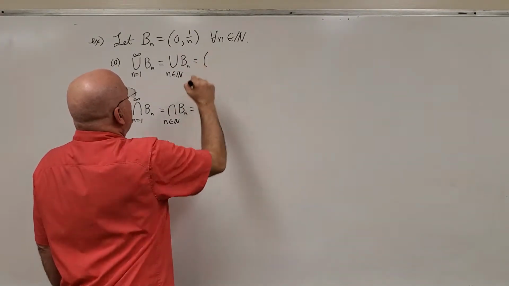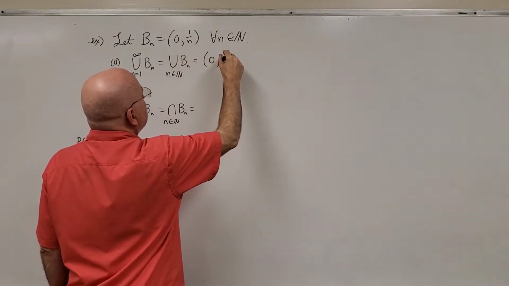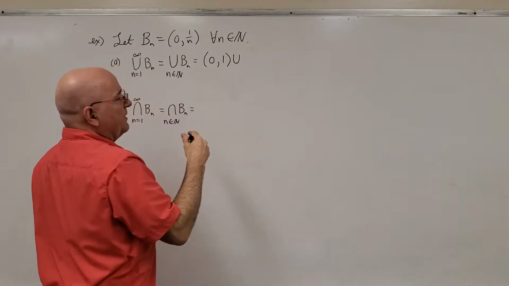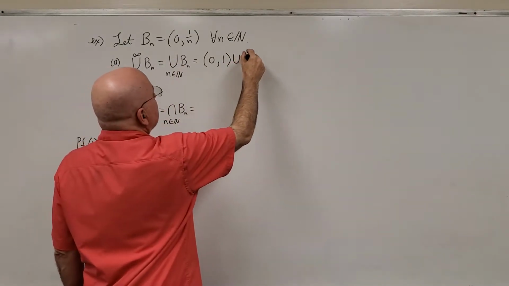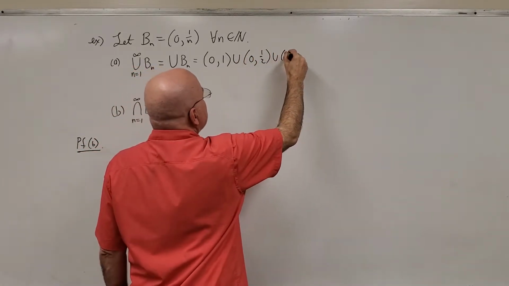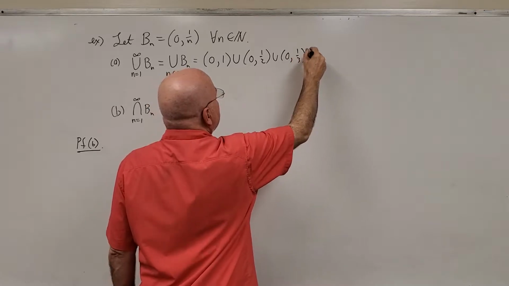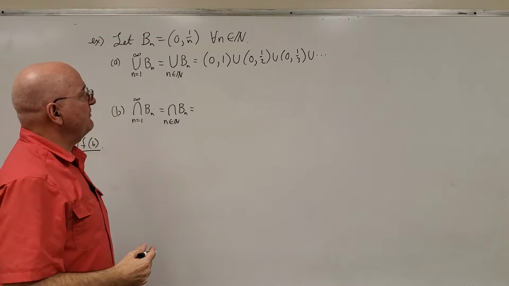Well, when n is 1, we get (0, 1/1). The next one would be the second set, B sub 2, which would be (0, 1/2) union (0, 1/3) union dot, dot, dot, and it goes on forever.